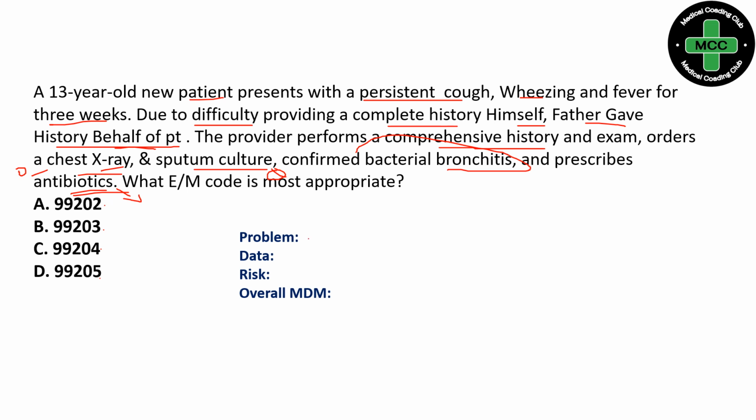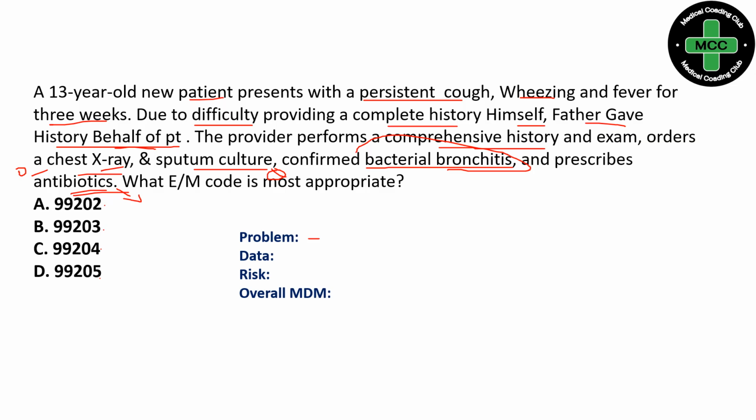So if you see the problem here, bacterial bronchitis, which is an acute illness, and with this we have some symptoms which are systemic. Wheezing is there, and fever also, and cough is there. So overall, it will credit to acute illness with systemic symptoms.